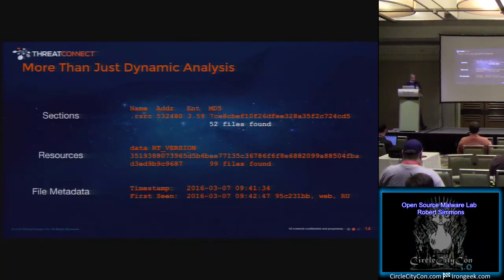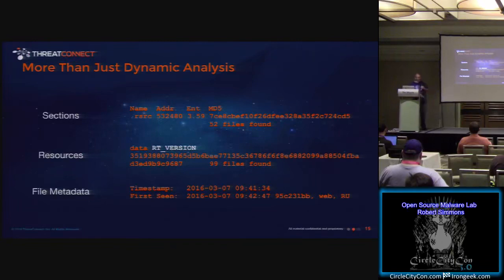Again, PE resources. So this is another, an RT_VERSION. I know malware authors will just make stuff up. I mean, there's a legitimate reason to have an RT_VERSION resource, but malware authors don't usually follow spec.